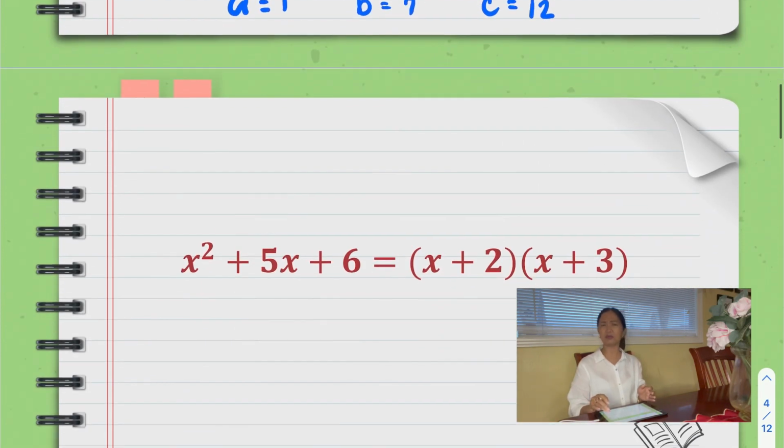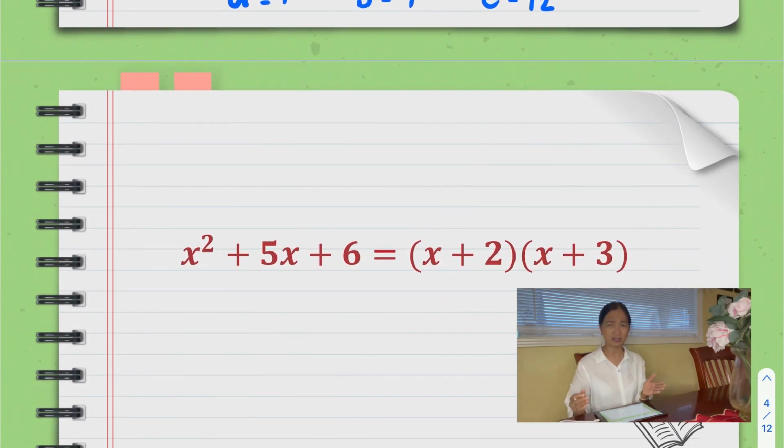When we factor quadratic trinomials, the factors are actually called binomial factors. I have here a particular quadratic trinomial which I already factored for you. I factored x squared plus 5x plus 6, and my factors are x plus 2 and x plus 3. These are called your binomial factors.